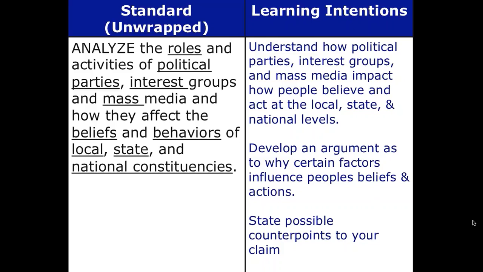We have our unwrapped standard on the left, taking the nouns, the roles, the activities of political parties, the mass media. On the right-hand side, we have our learning intentions. Understand how political parties and interest groups and mass media impact how people believe and act at the local, state levels. Develop an argument as to why certain factors influence people's beliefs, and state possible counterpoints to your claim. Those were the learning intentions.